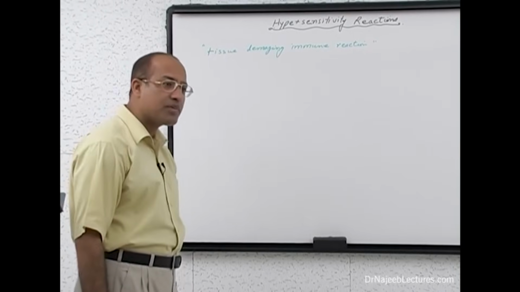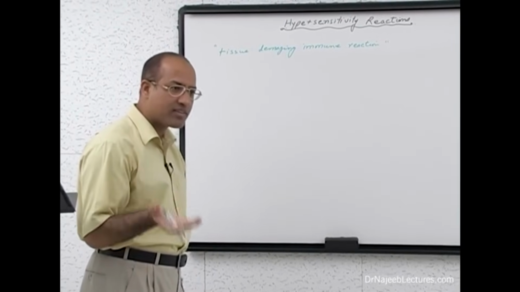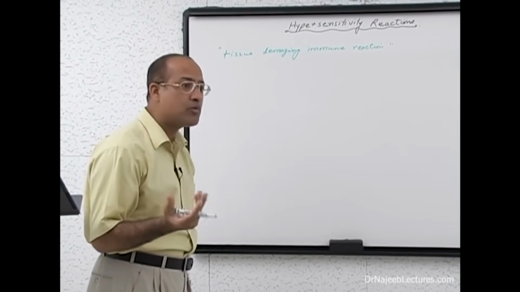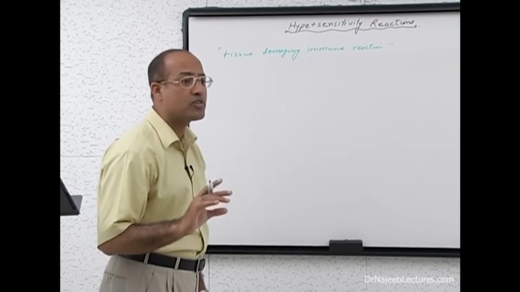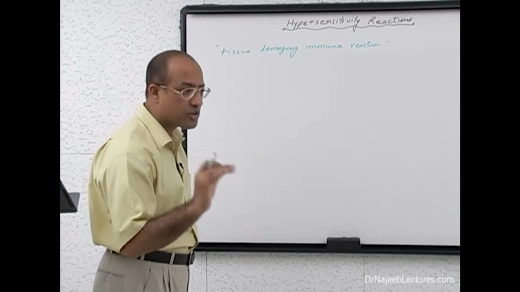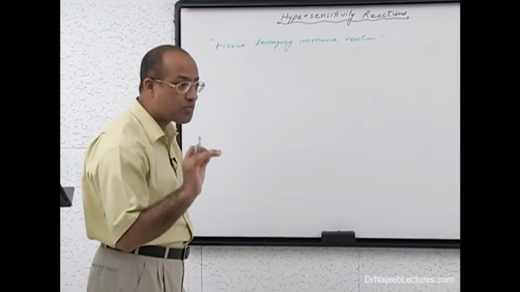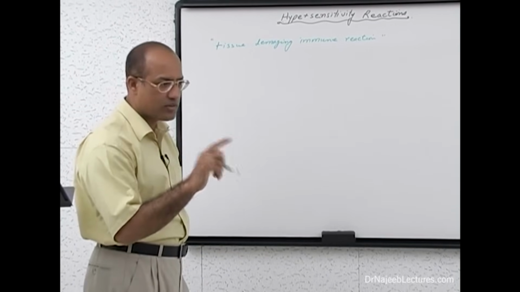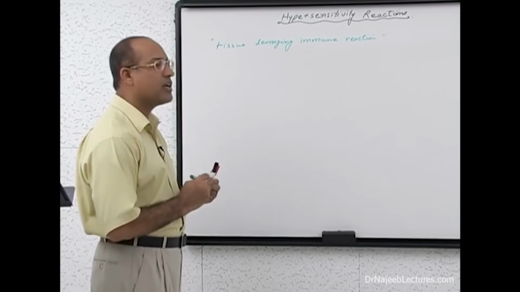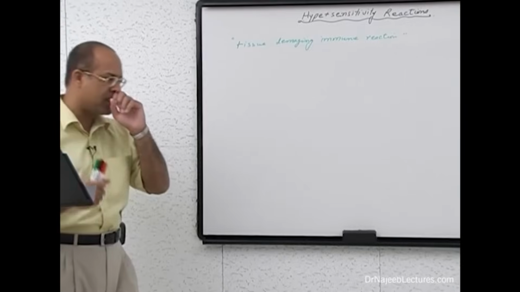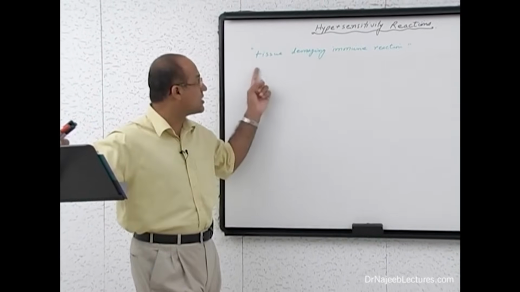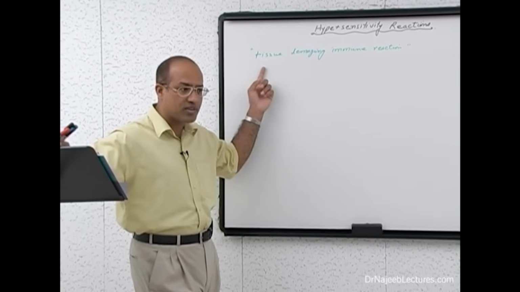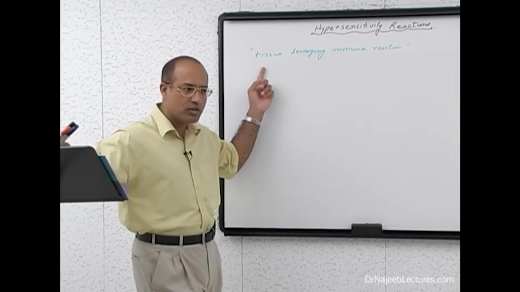It may be truly hypersensitive, meaning a truly exaggerated response, or sometimes even a very appropriate immune response may do some damage in your tissue. Even very appropriate immune responses may be hypersensitivity reactions. So the best way to define hypersensitivity reaction is any immune reaction which damages your tissue.